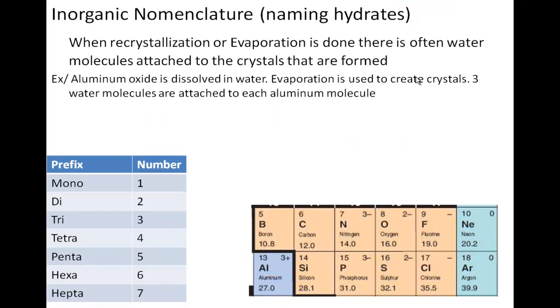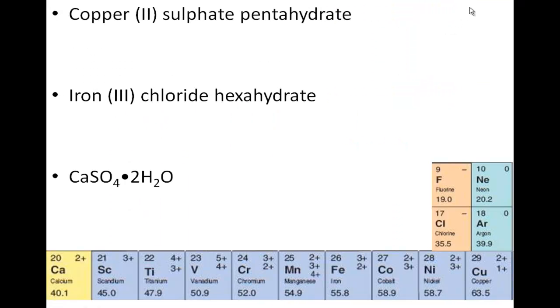Okay, let's get some more practice in here. So here's 3 more questions. You can try putting the video on pause and try answering some of these questions yourself. But we're going to get started here. So we have copper 2 sulfate pentahydrate. So we have copper.